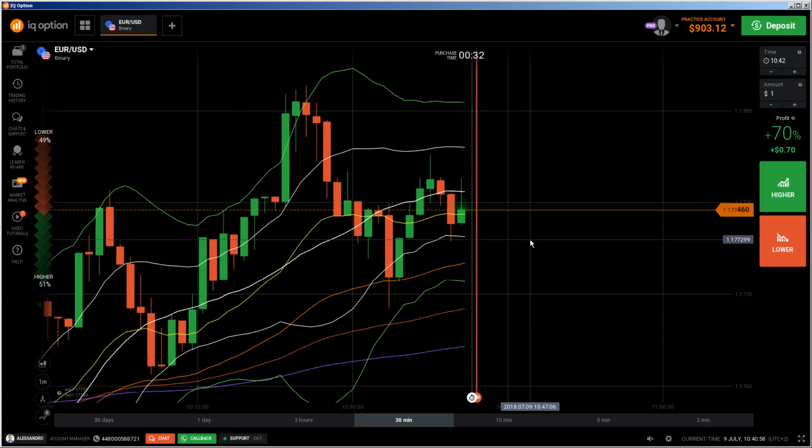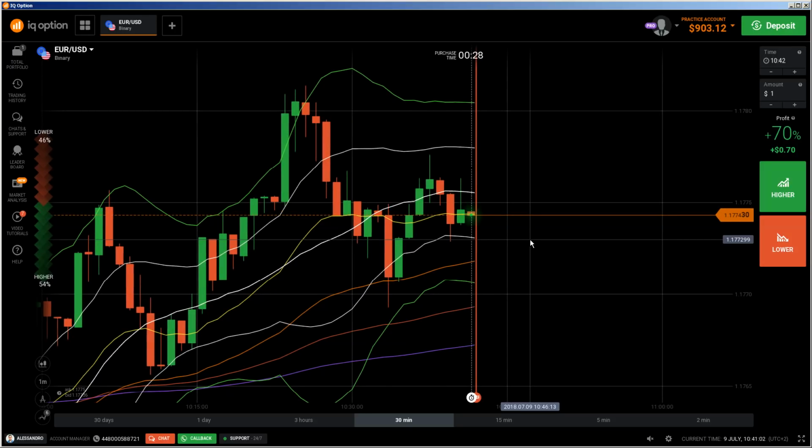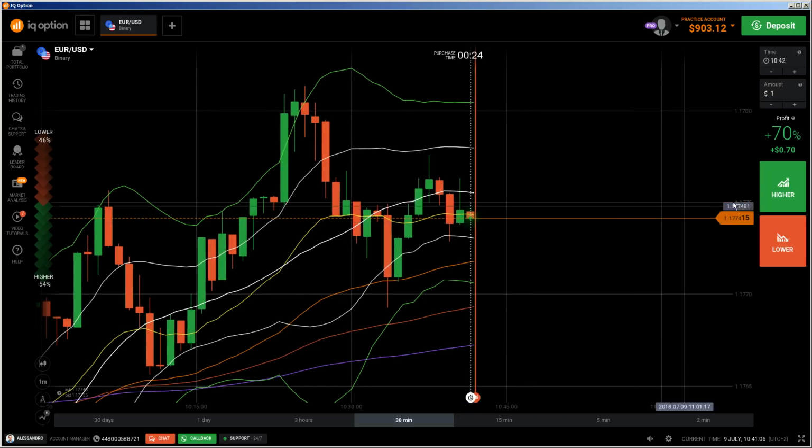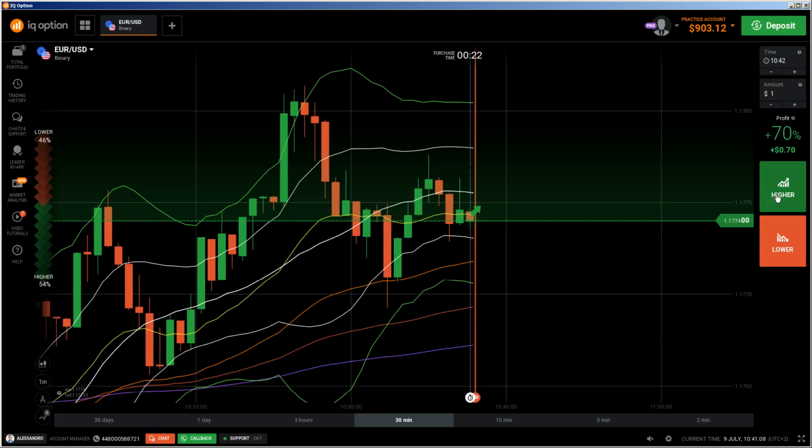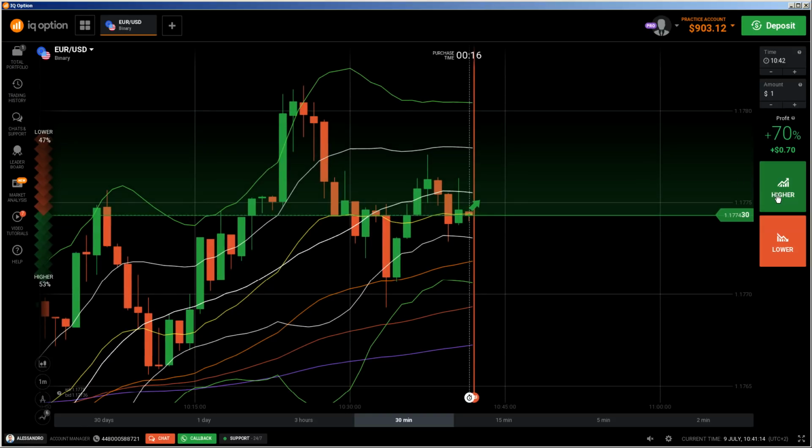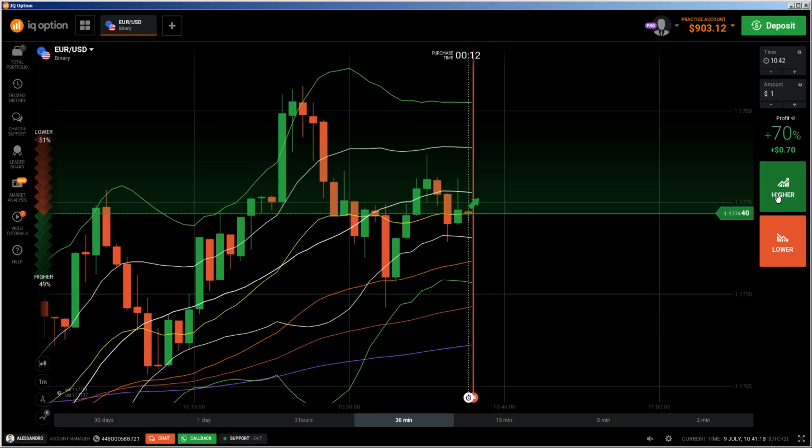So let's see if I understand here if we are going in an uptrend or not. So this candlestick here, for example, would be a call. If I get a rejection from the 20 EMA, yes, I would do a call. So I wait till price gets a little bit lower, below the 20 EMA, and then I will enter into a trade.